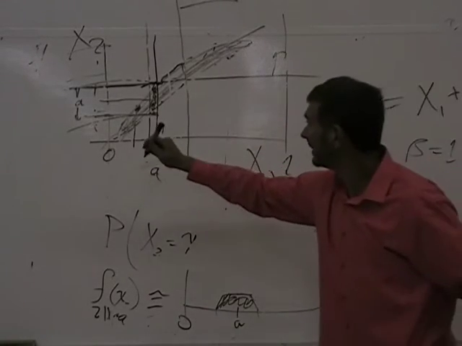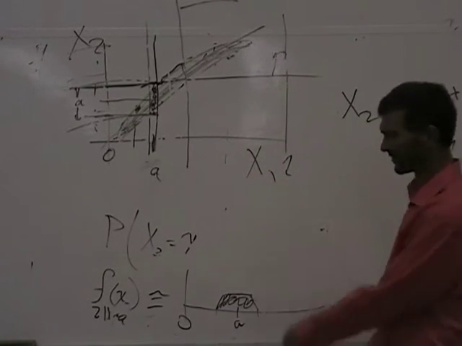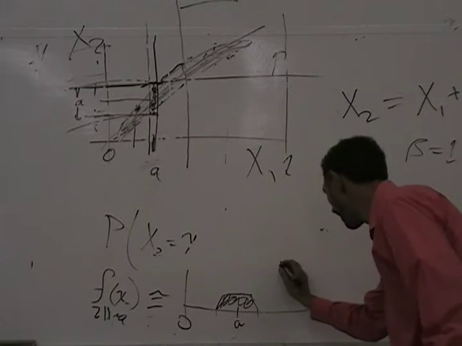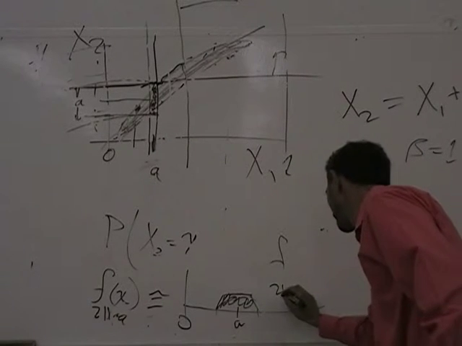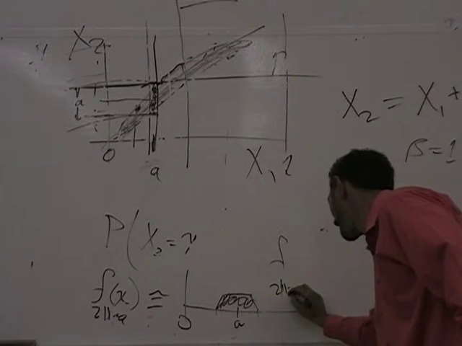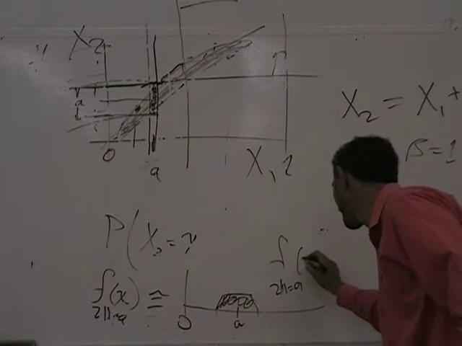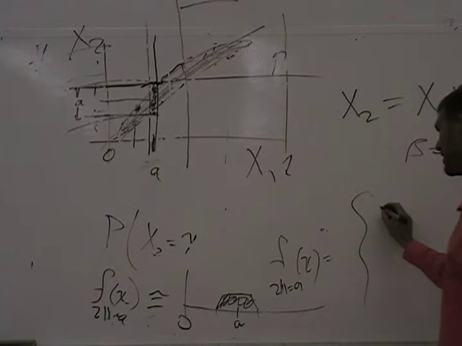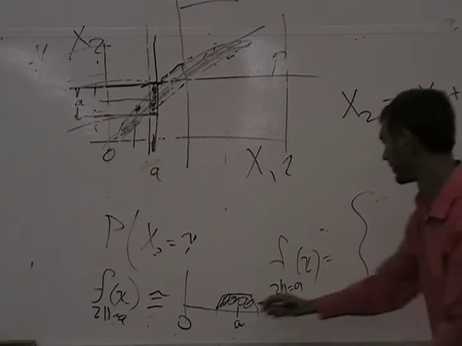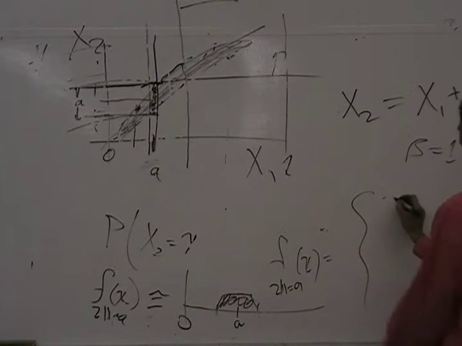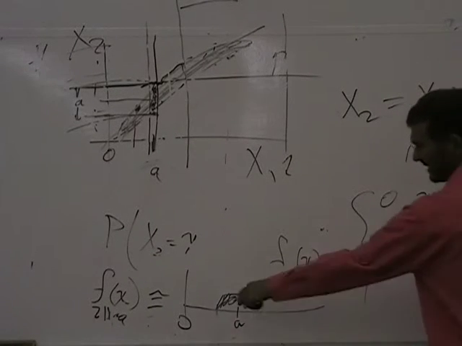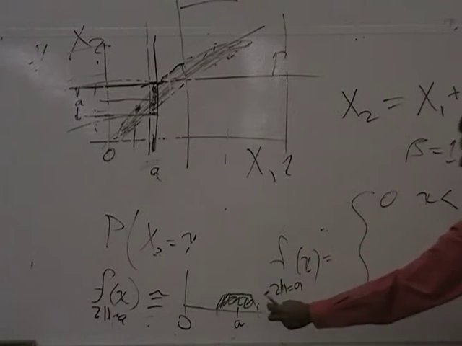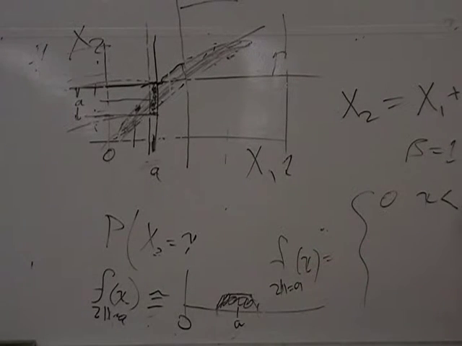Now I can do this for a bunch of slices and draw a lot of pictures, or F2, 1 given 1 as A of X equals 0 for X less than A minus 1/6.